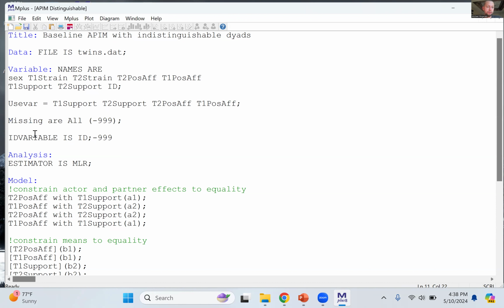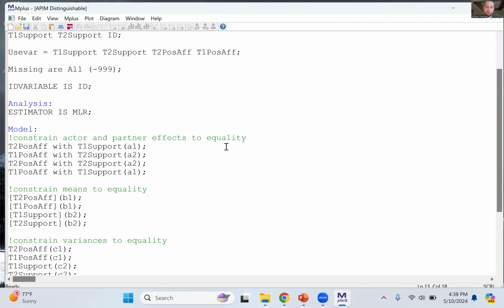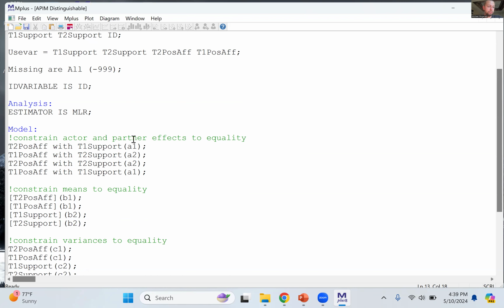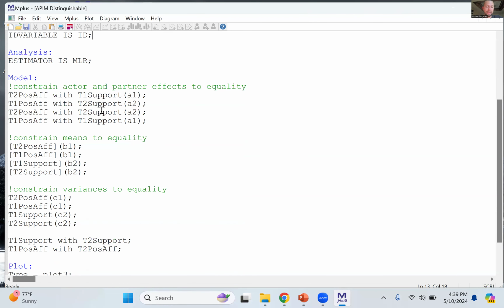What we are going to do now is estimate the actor-partner interdependence model with indistinguishable dyads. So what you will see here is actually the ISAT model. This is the test for distinguishability that you may have heard Dave Kenny and colleagues talk about, as well as Tom Ledermann and colleagues discuss.